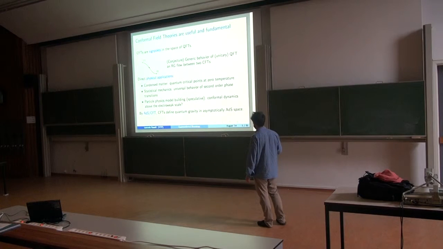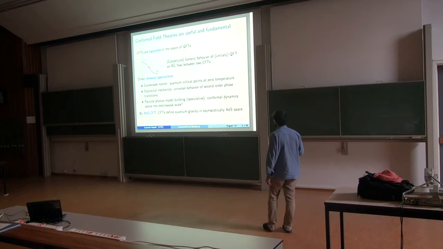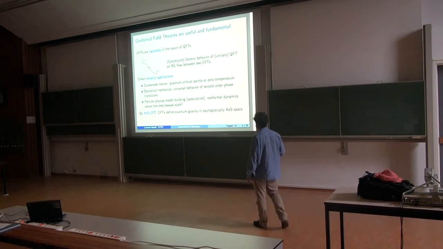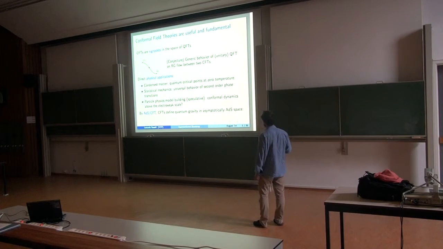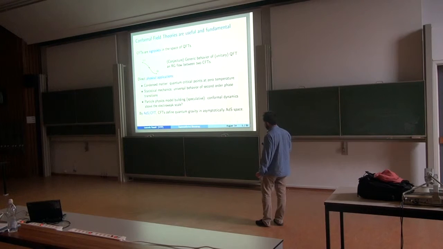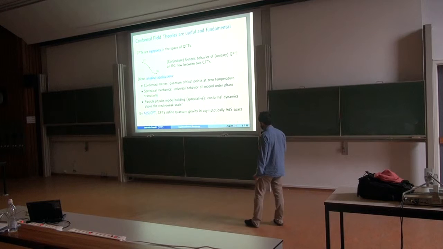And we have increasing evidence that under certain physical conditions, the generic behavior of unitary quantum field theory is an RG flow between two conformal fixed points, one in the UV and one in the IR.